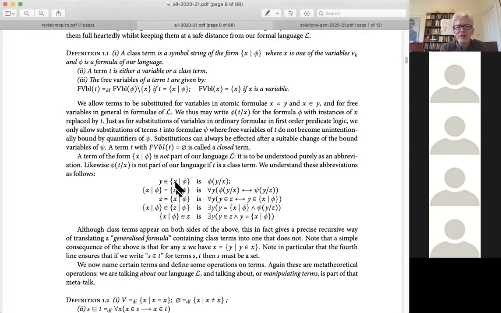So very simply, to say that y is one of the x's specified by phi is just to say, well, phi of y holds. And this is y being substituted for x. And to say these two terms are equal is to say, well, anything that satisfies this specification satisfies that specification. And that's all this says here.